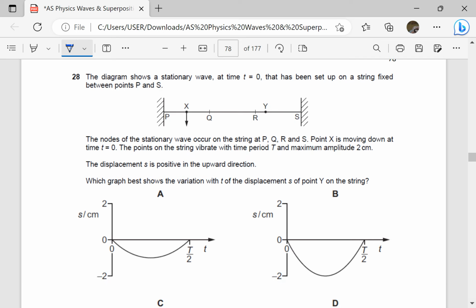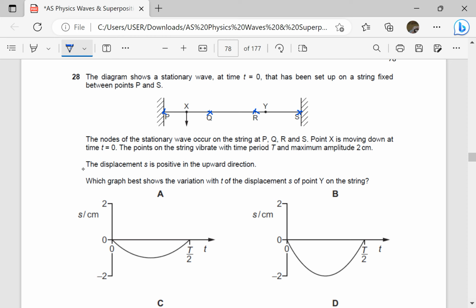The diagram shows a stationary wave at time t equals 0 that has been set up on a string between points P and S. The nodes of the stationary wave occur on the string at P, Q, R, and S. So there's a node here, a node here, a node here, and a node there. Point X is moving down at t equals 0.